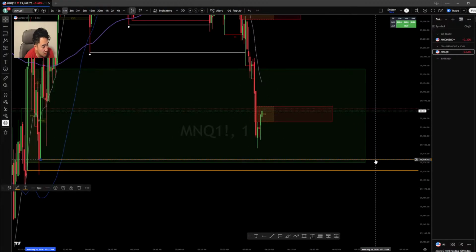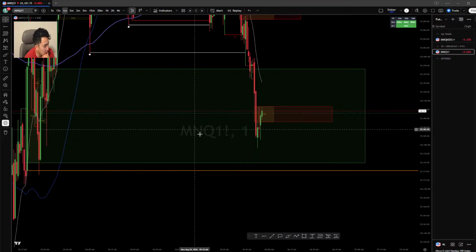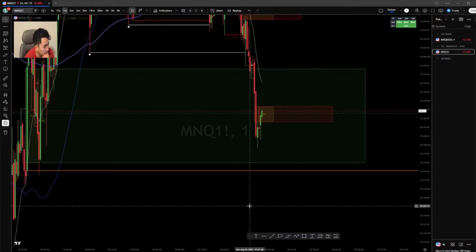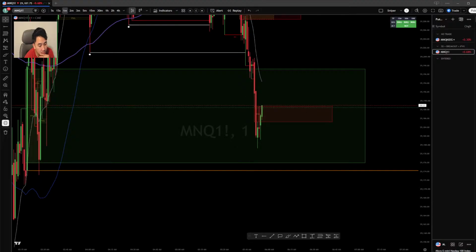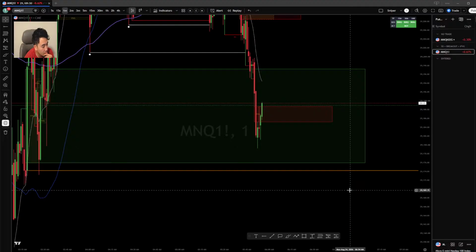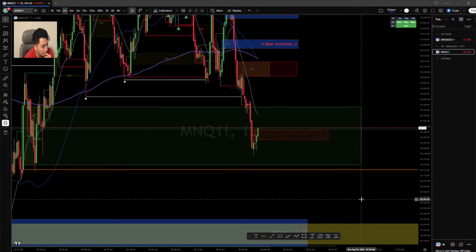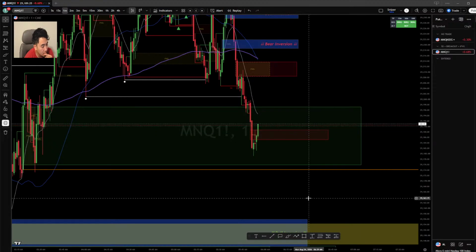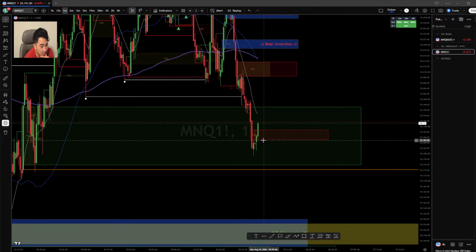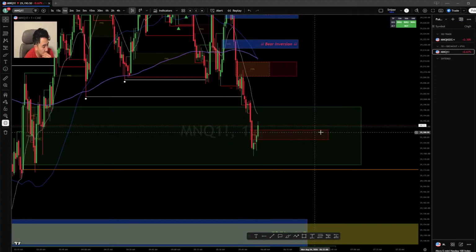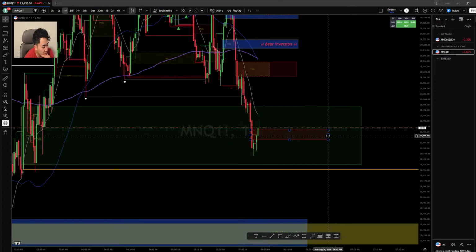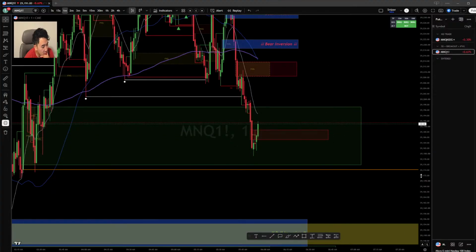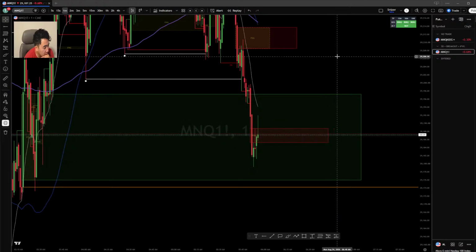I'm going to delete this orange line because it's no longer attached to that bearish inversion. The price from here looks like it may close over this bearish gap. But let's see. Oh, it's holding.